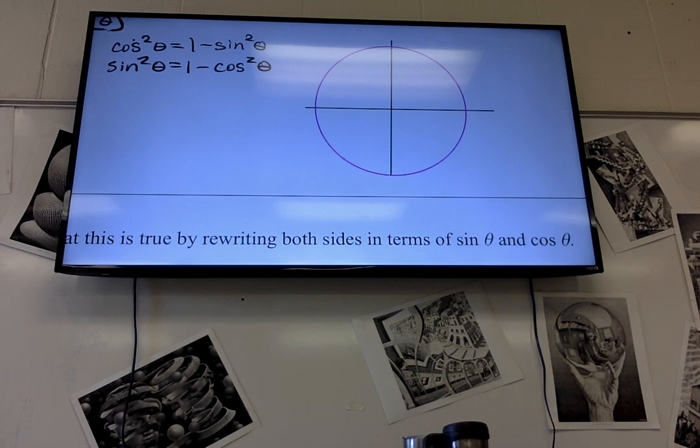So we're going to say this is our unit circle. I know that if it's a unit circle, the radius is always 1.